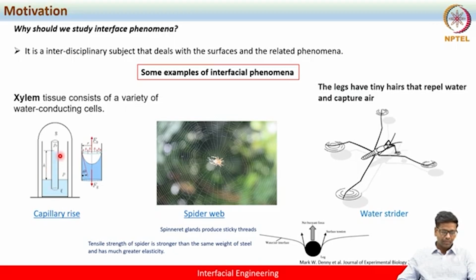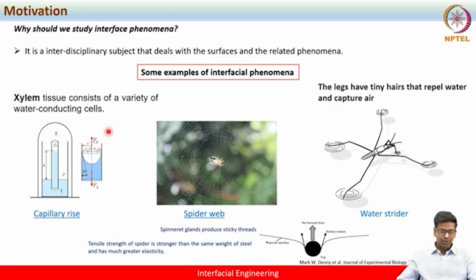This capillary effect is also seen in many natural systems like plants or even trees, where the water collected at the root level is conducted from the root and distributed to all the branches and leaves because of this capillary effect through the xylem tissue.